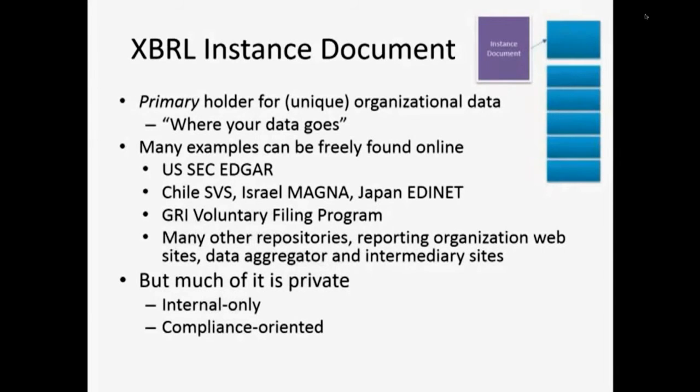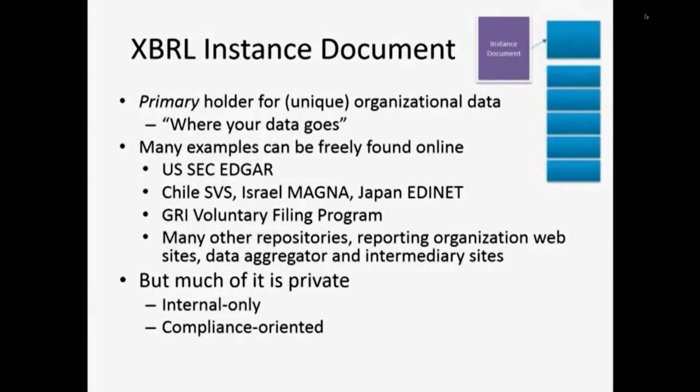Now, bank reports are likewise available for download from the U.S. banking regulators. There are many other regulators around the world, including the Superintendencia de Seguros, the SBS, in Chile, the Magnet System of the Israel Securities Authority, and the Financial Services Agency of Japan's EDINET that also provide reporting information in both legacy and XBRL formats.